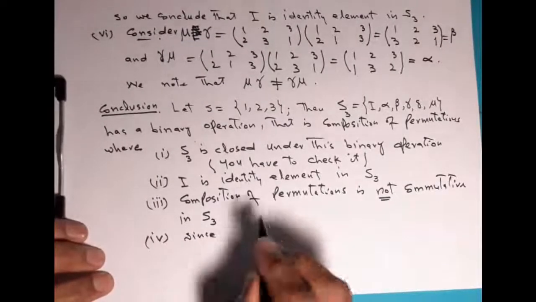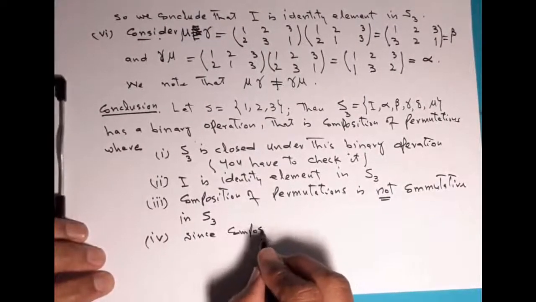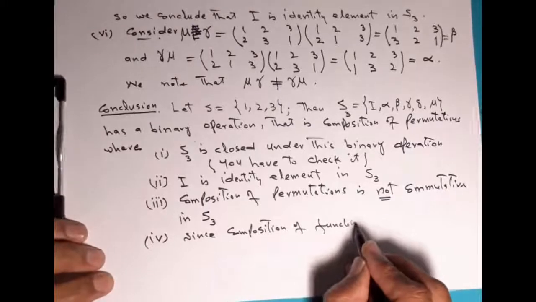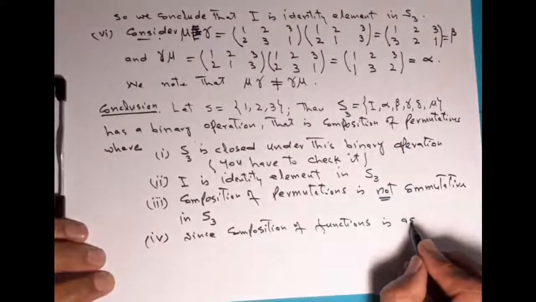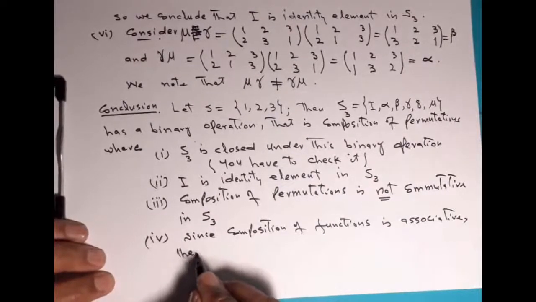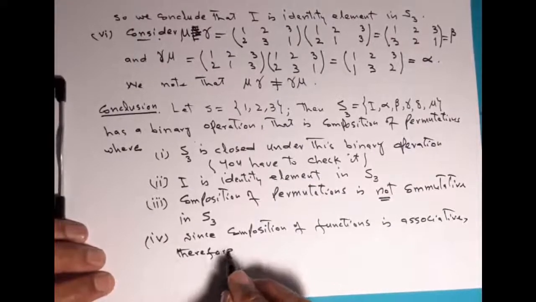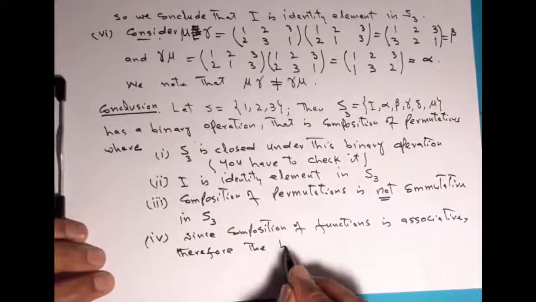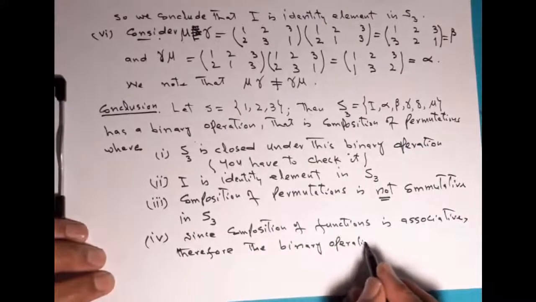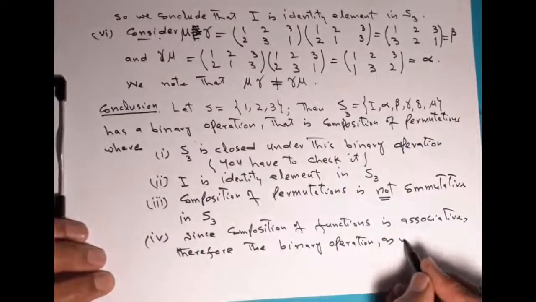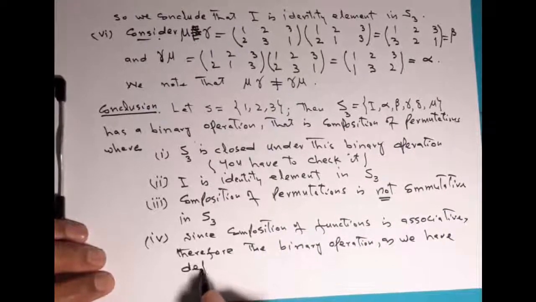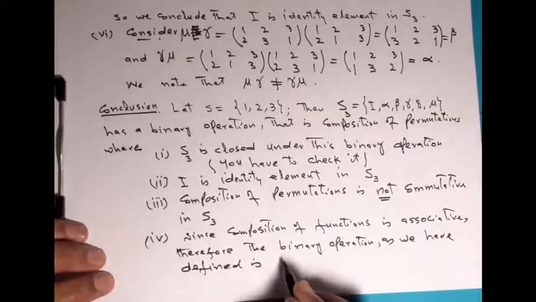Since composition of functions is associative, therefore the binary operation as we have defined, that is composition of permutations, is associative.